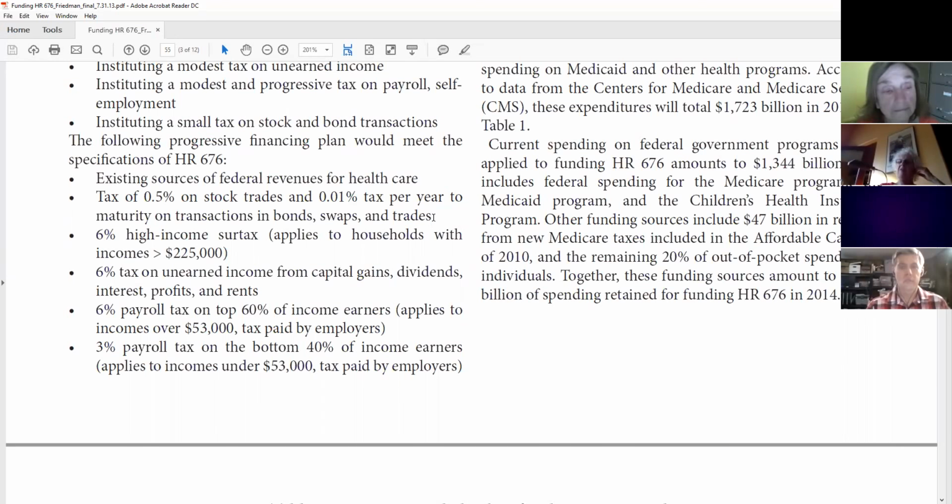But if that were to become true and that funding went towards this program, it would mean even more savings for people, wouldn't it? Yes, well, it would. How to put this? From the calculator standpoint, for the majority of people, it wouldn't mean more savings. I think all it would do is, for those people that are involved in stock transactions or bonds or swaps, it would increase their tax liability.